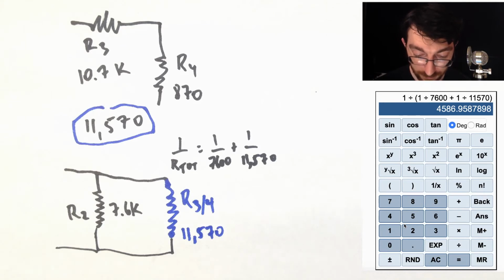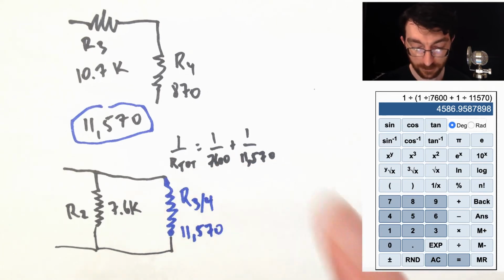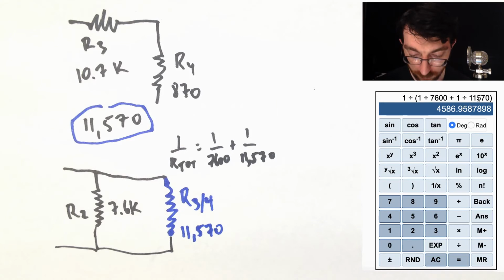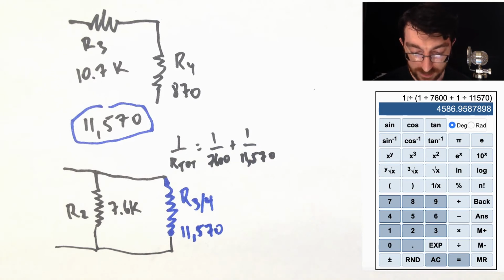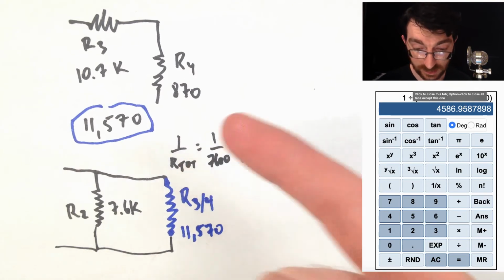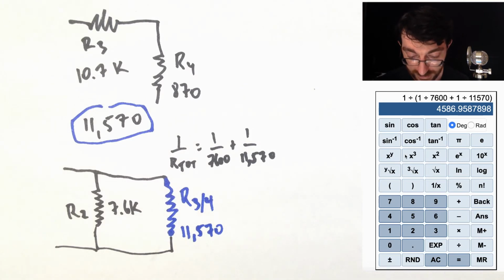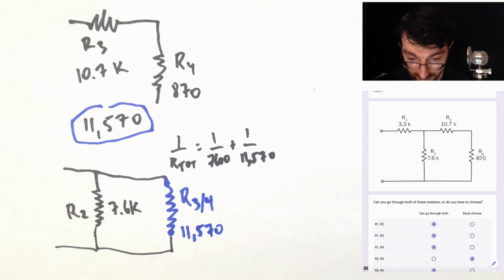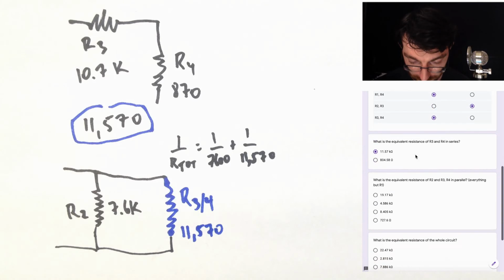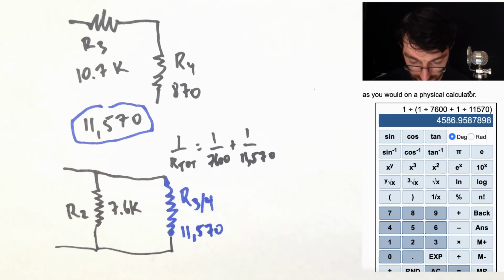Okay, so I've got 1 over 7,600 plus 1 over 11,570, and this whole thing is 1 over, because I'm looking for that resistance, so I need to flip it in order to get there. Alright, I just accidentally closed my email, which is bad. Anyway, let me get back to this. The answer was 4,500, there we go.